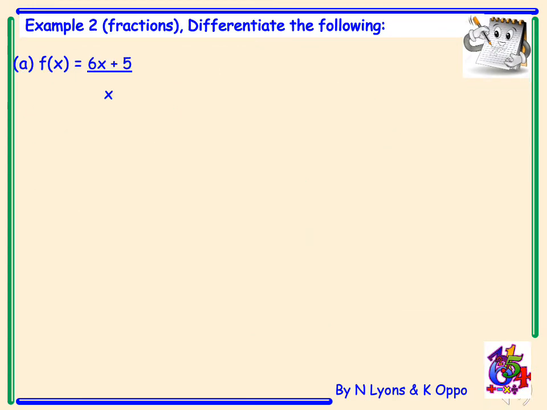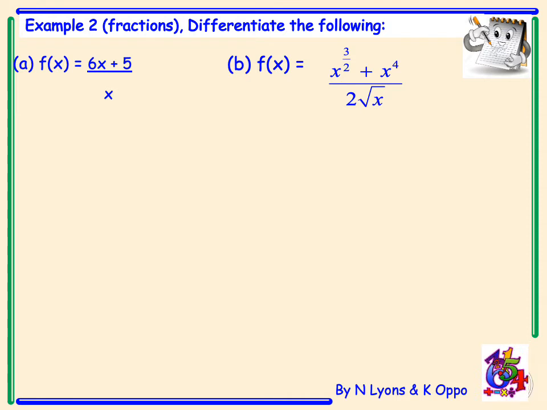Example 2. Here we have to differentiate two examples with fractions. When we have expressions with fractions, the first thing we have to do is split it up from one fraction into 2.